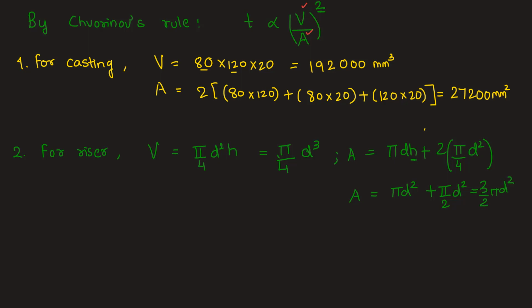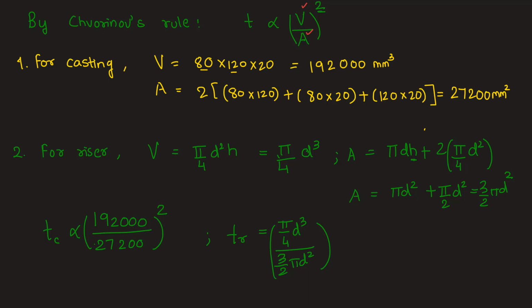Now let's write the relationships from Chvorinov's rule for the casting and for the riser. Solidification time for casting, Tc, will be directly proportional to 192,000 divided by 27,200, square of this ratio. And for riser, the volume we have calculated here, pi by 4 d cube, divided by surface area for the riser, 3 by 2 pi d square.